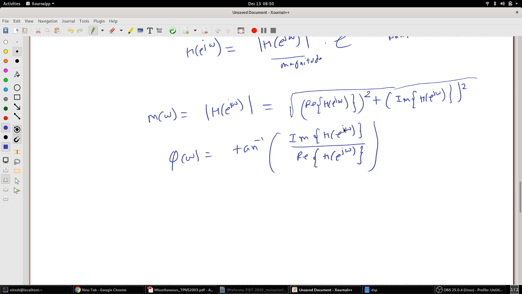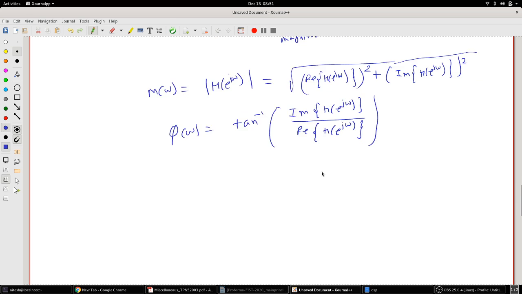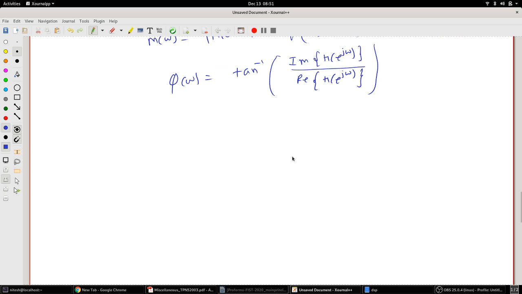Now here I would like to introduce two more definitions, which are phase delay and group delay. Phase delay is given as tau p, which is minus phi of omega, which is your phase response, divided by omega.